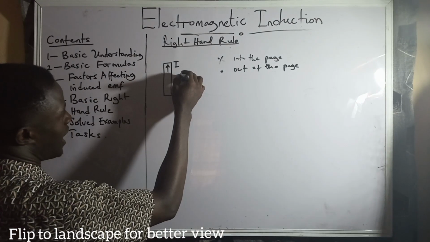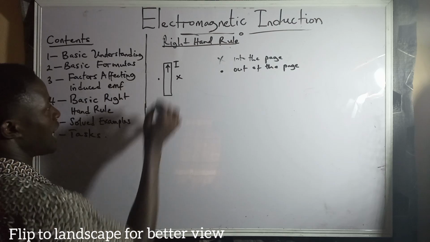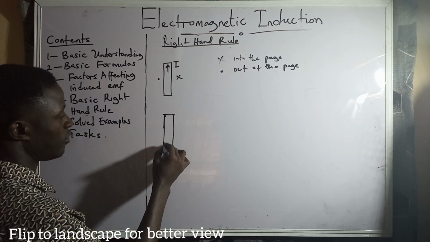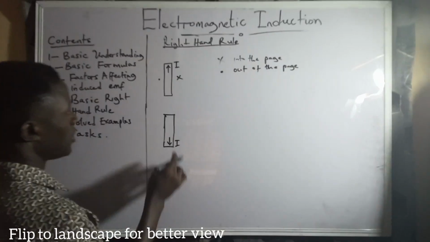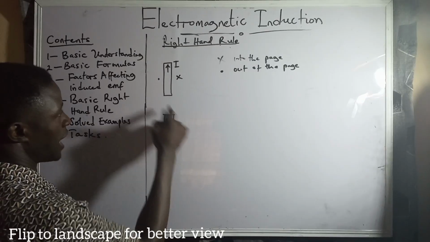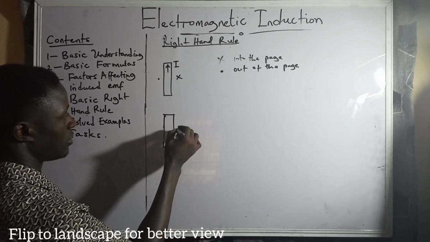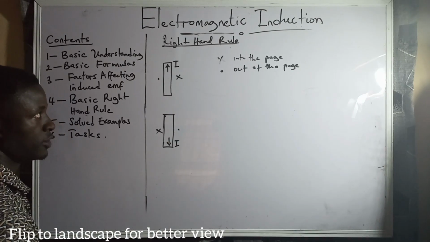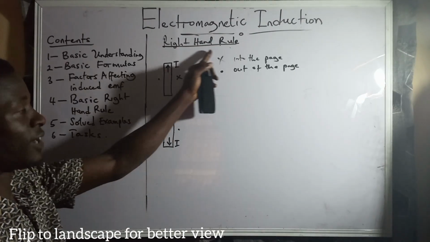So now we write X here as into the page and a dot here as out of the page. And the same thing happens if current is flowing in this direction. This is current. So this will be flipped. Why this one was into the page and this was out of the page. In this case, since current is flowing in the opposite direction now, this will be into the page, while this will be out of the page. So that is the basic principle of the right hand rule.